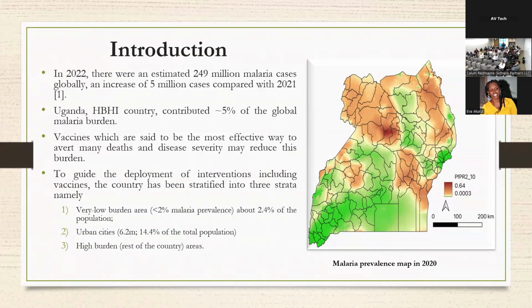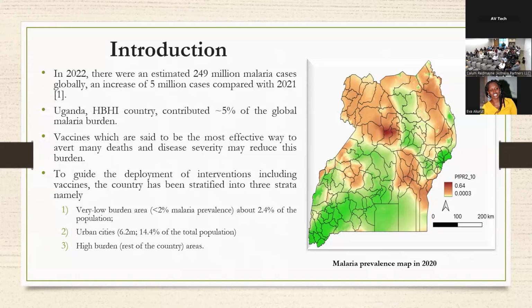Vaccines are said to be a very effective way to reduce malaria deaths as well as disease morbidity. And we assume that with the malaria vaccination, this will actually be reduced. Uganda is set to roll out a malaria vaccination in October this year. Hopefully we'll see the effects then.